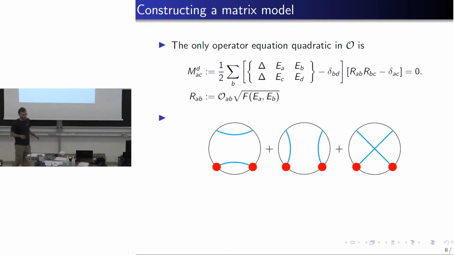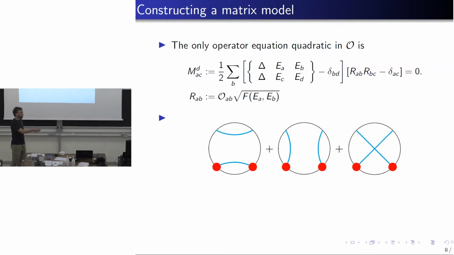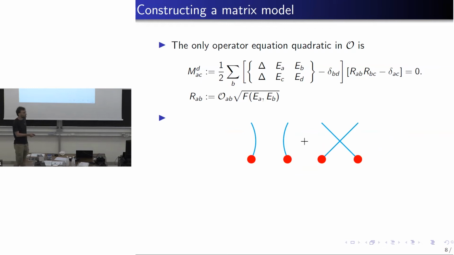And so when you insert into the correlator the two O operators minus the identity contribution to the OPE, then that has the effect of basically getting rid of this first diagram here. So now we're left with these two diagrams.